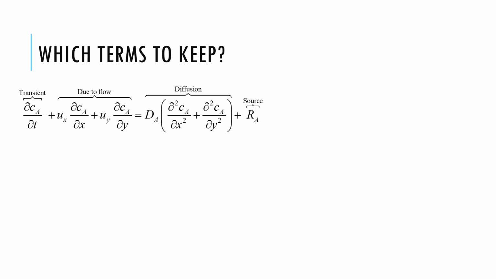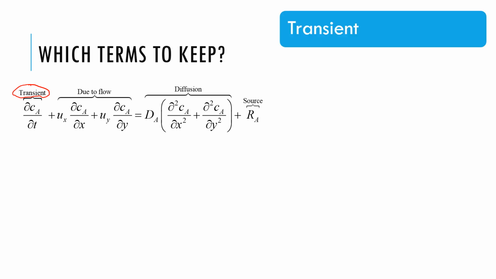Let's go through this by taking the mass transfer equation as an example. Each term in this mass transport equation belongs to a sub-process or sub-physics, and we have to question how important that particular physics is. Do we need to keep it?